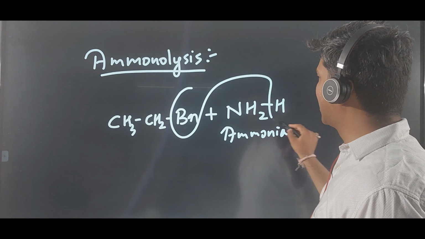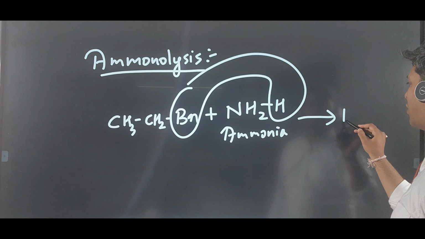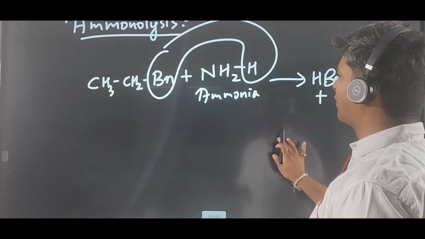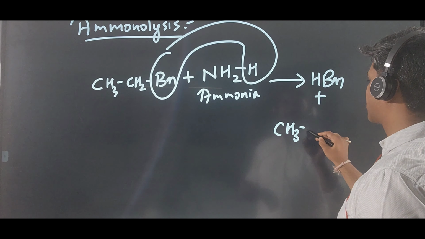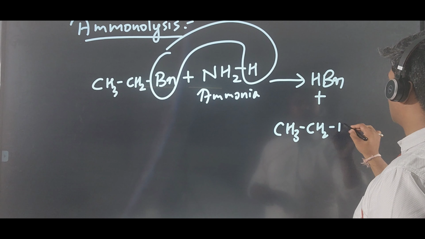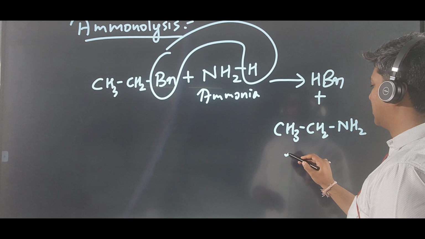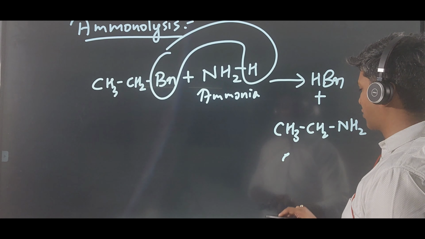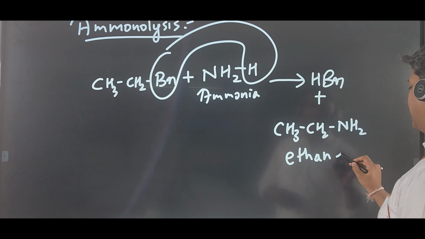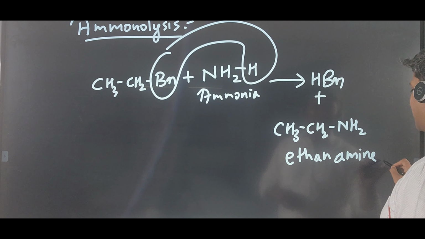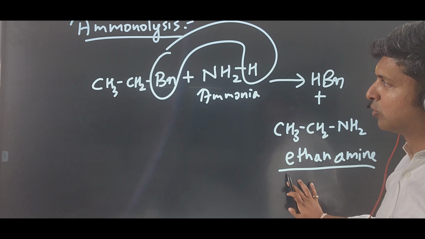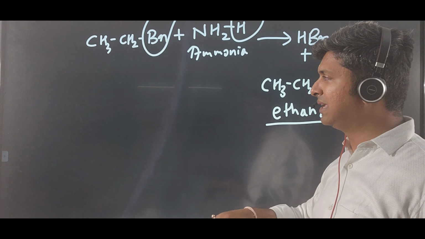So H and Br will combine to form HBr, and NH2 will get attached in place of Br, which will give you CH3CH2NH2, which you can call ethanamine. Ethane, remove the E and substitute it with amine, ethanamine. So this is formation of amines.